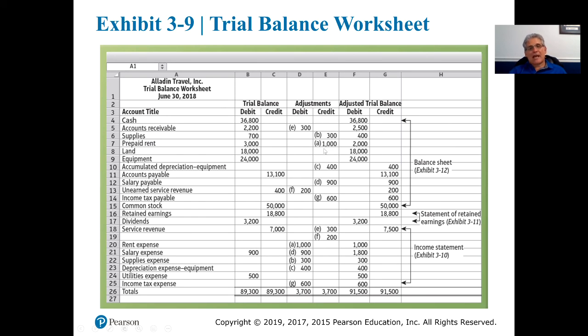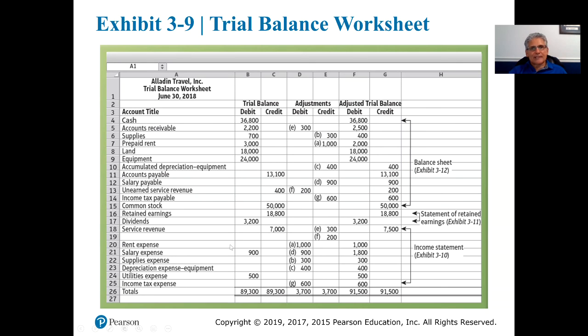And then we would come up with an adjusted trial balance using this worksheet based upon the adjustments to the accounts. So prepaid rent was a debit. Now we're going to reduce it as a credit, and we have an adjusted balance. And so this gives you a feel for how it used to be done back in the day.